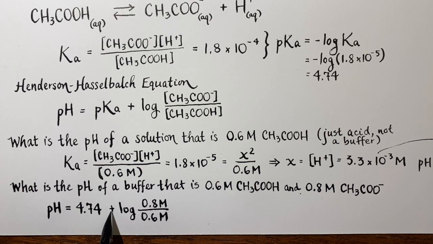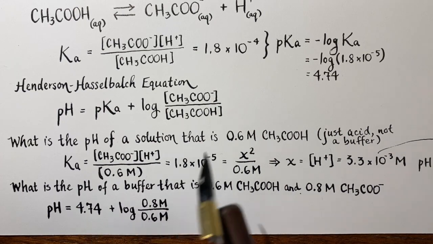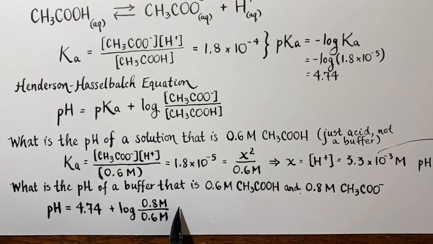So we will be adding a positive value. So the pH will be higher than it would be if that acetate were not there. So we expect the pH will go up. That's our intuitive sense. So let's go ahead and calculate.